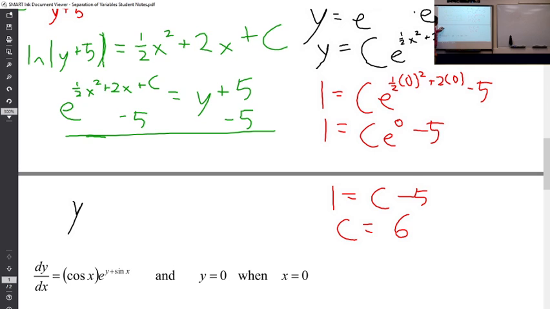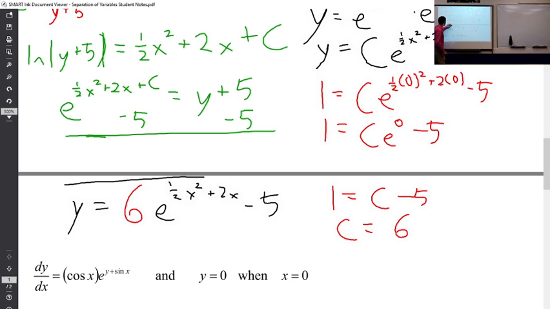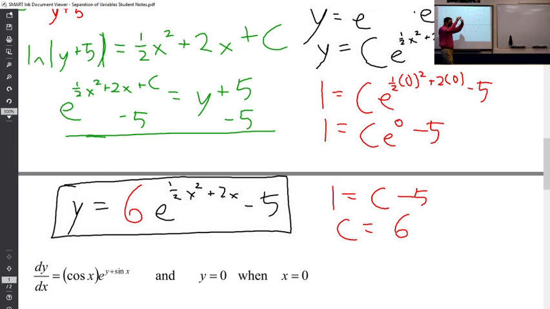So for our final answer, we're going to write that expression, and in place of our c, we're going to put 6 right out in front where our c was. So we're going to do a couple more like this, but the key part of this process is bringing this constant out in front.